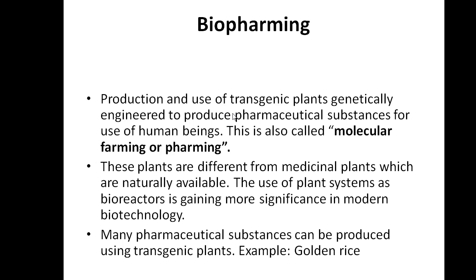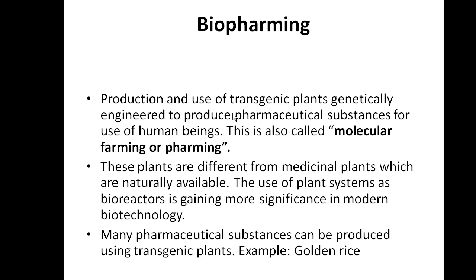This is also called molecular farming or pharming. That particular plant or animal source which has pharmaceutical substances present in the organism has the tendency to produce them according to its respective gene.